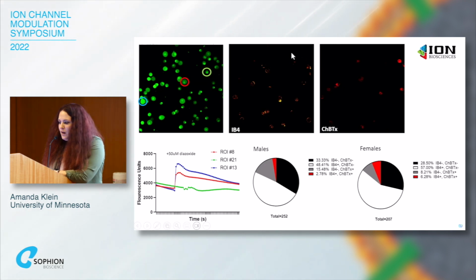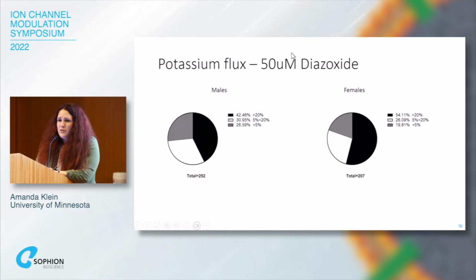And what we found largely were three different bins of responses when we applied, for example, 50 micromolar diazoxide, which is a KATP channel opener. About 40-50% of the neurons would respond pretty robustly to diazoxide, with at least a 20% response over baseline.